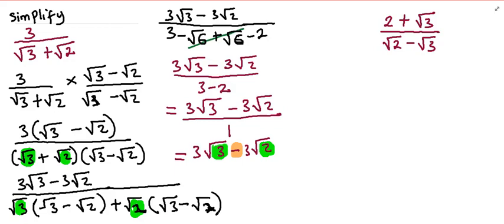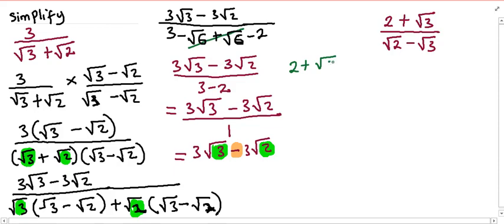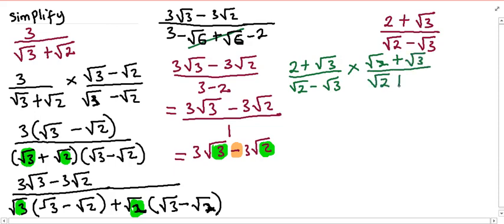Okay, so because we have a square root in this section, it means that's not really going to help us. What do we do? We're going to conjugate and rationalize. So 2 plus √3 all over √2 minus √3 multiplied by √2 plus √3 all over √2 plus √3.